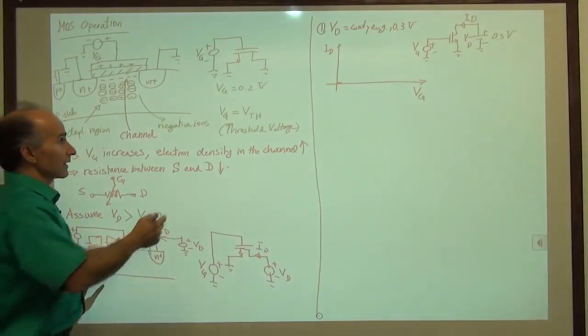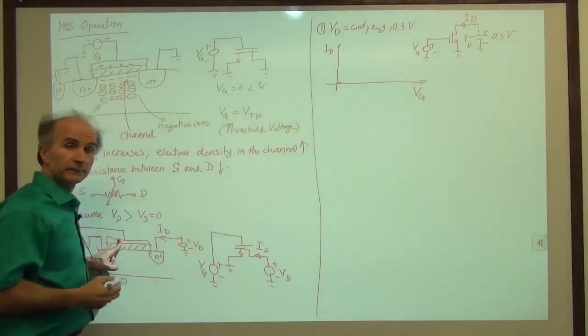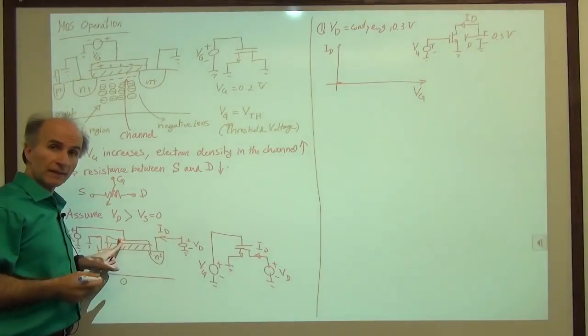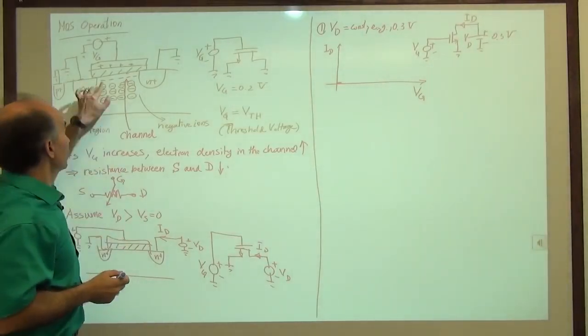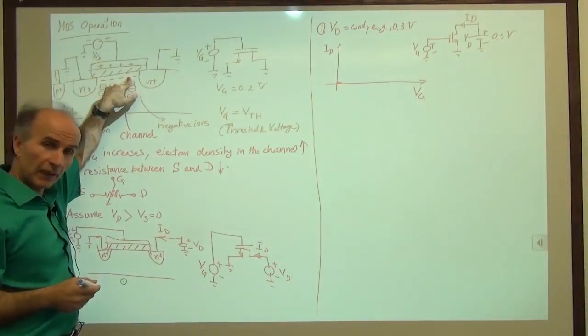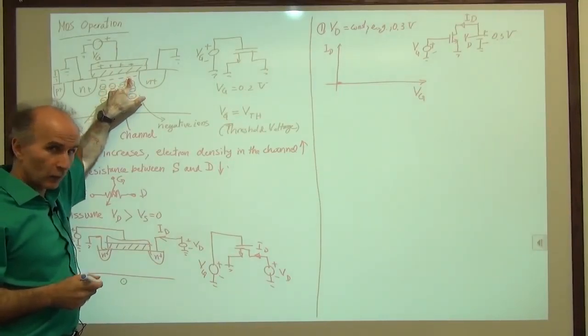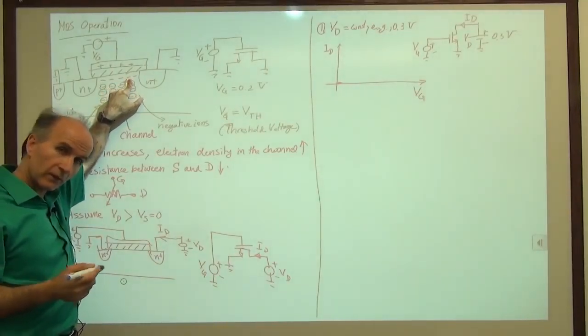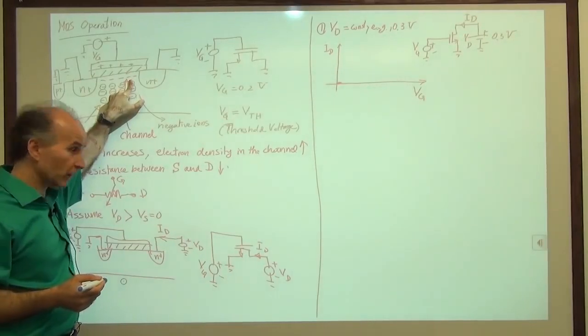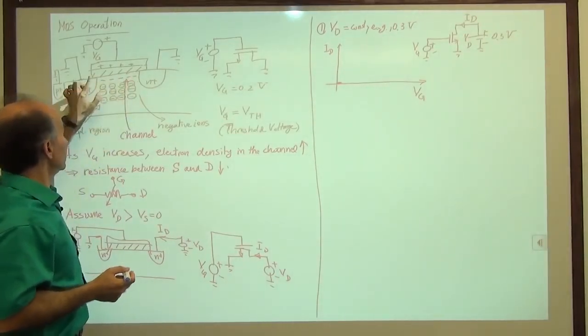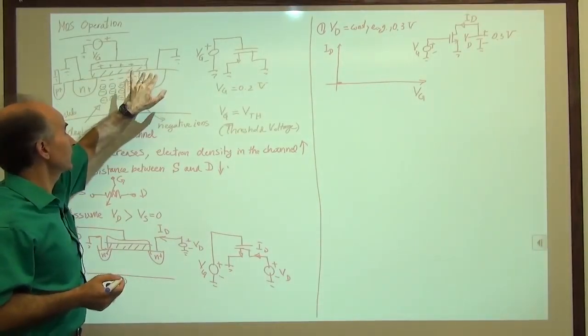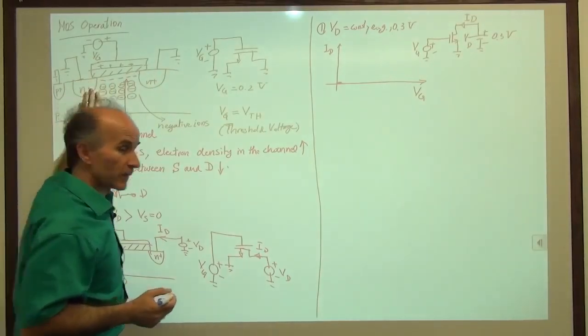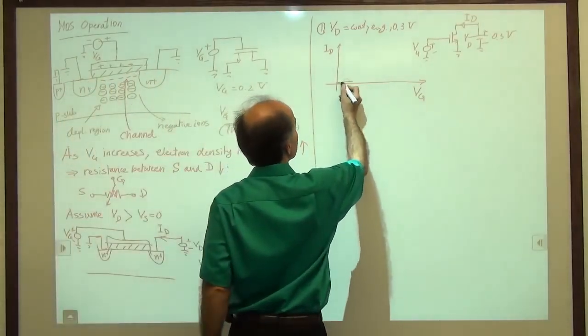Well, VG is less than the threshold. If VG is less than the threshold, we do not have free electrons, we don't have a channel, we don't have conduction. So the current through the device is 0. No current can flow from here to here. No electrons can go from here to here. No positive current can go from here to here. So we say that ID is 0.